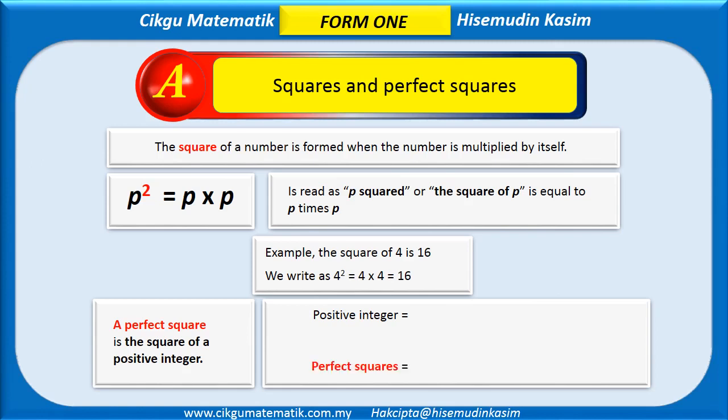Perfect squares: 1, 1 times 1 equals 1. 2, 2 times 2 equals 4. 3, 3 times 3 equals 9. 4, 4 times 4 equals 16. 5, 5 times 5 equals 25, and so on.